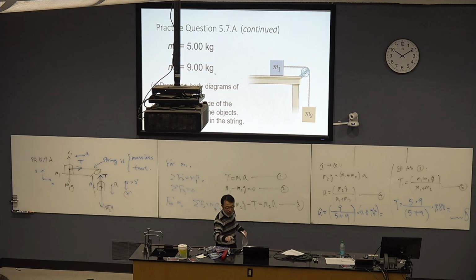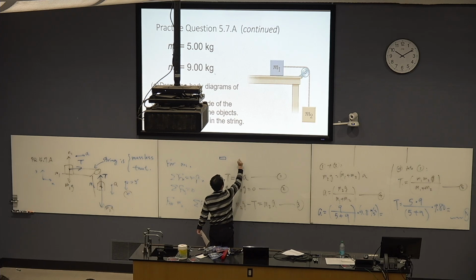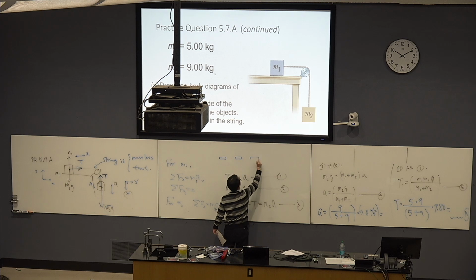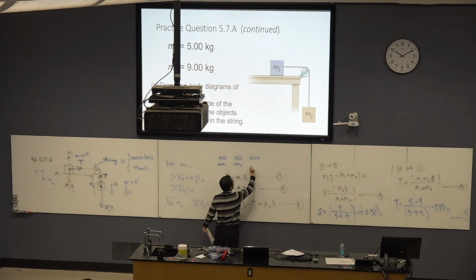Now let's see why. Suppose I have a segment of string, and I divide the string into pieces. Suppose each piece is massive, then you have delta M1, delta M2, delta M3.